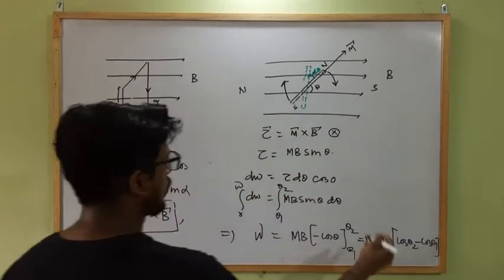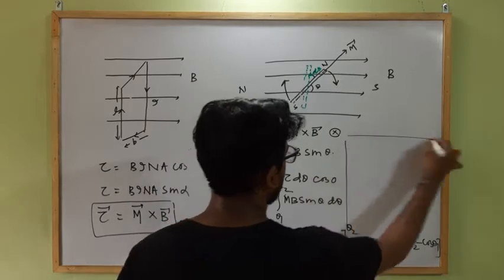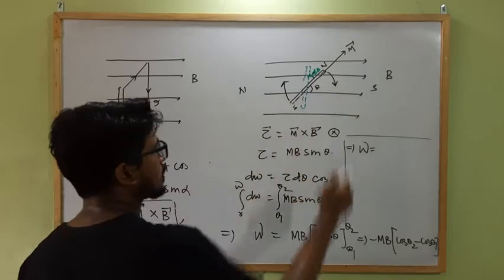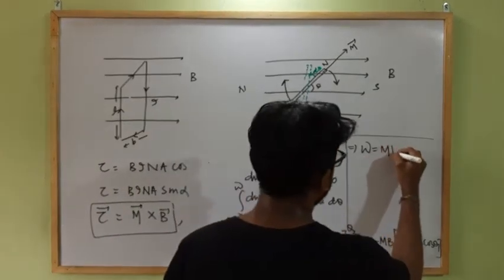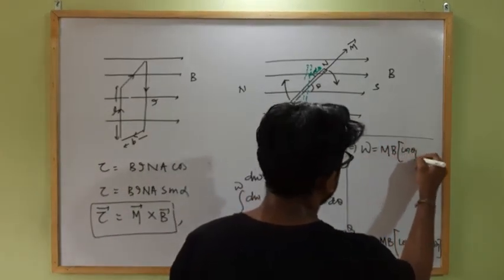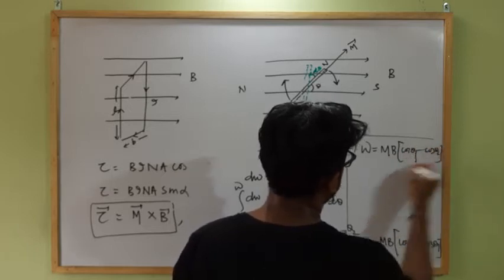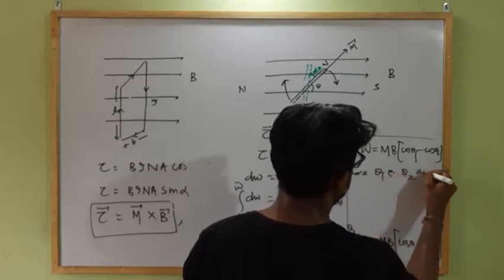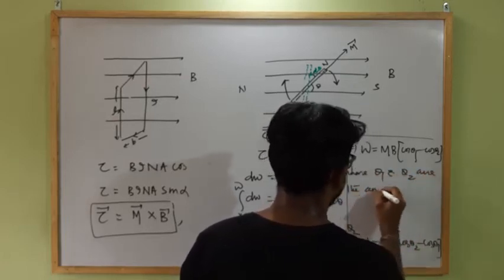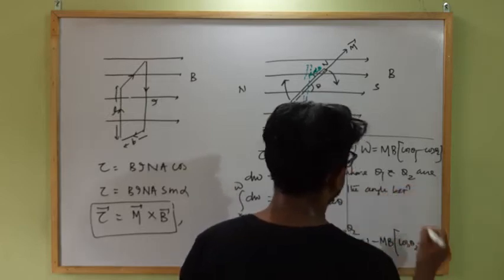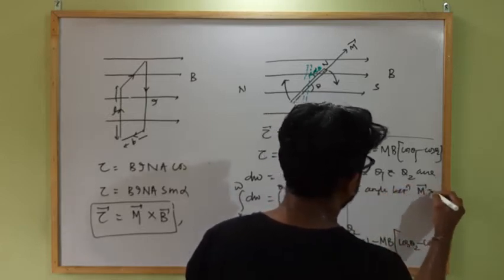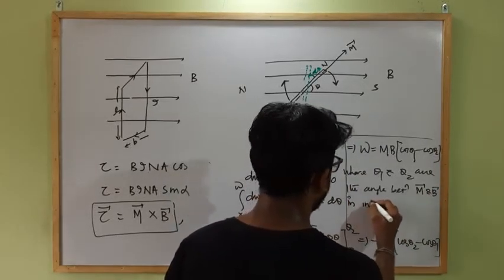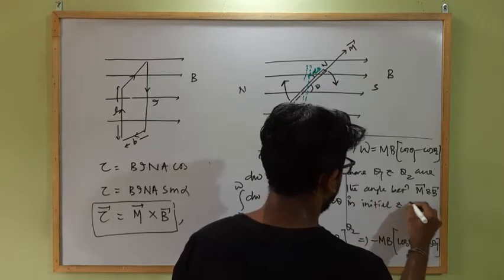This is the work done, or this can be written as: the work done by rotating a dipole in an external magnetic field is mB (cos theta 1 minus cos theta 2), where theta 1 and theta 2 are the angles between the magnetic dipole moment and the external magnetic field vector in the initial and final positions.